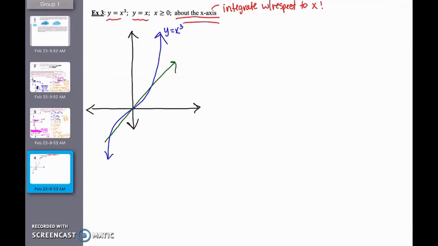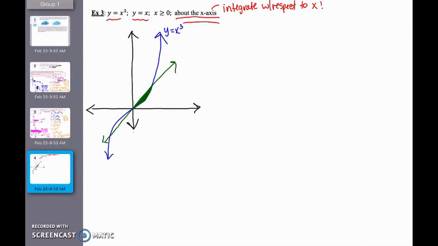So that looks something like this, right? So I have this itty bitty little thing right here. I don't know, it looks kind of canoe shaped to me. It's got a straight line for the top, but then it's got kind of a curvy bottom because of the y equals x cubed. That is the shape that is going to create my rotational solid, and I'm going to be rotating it about the x-axis, right?